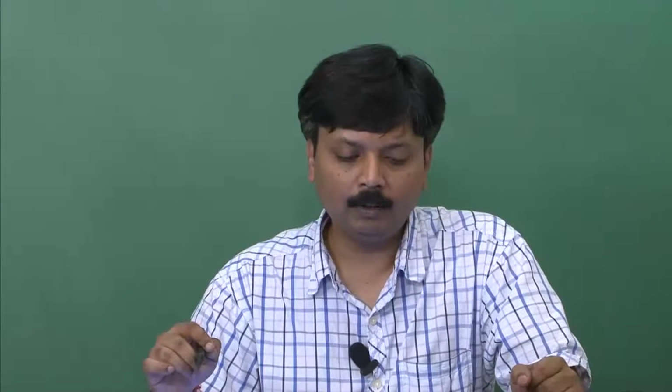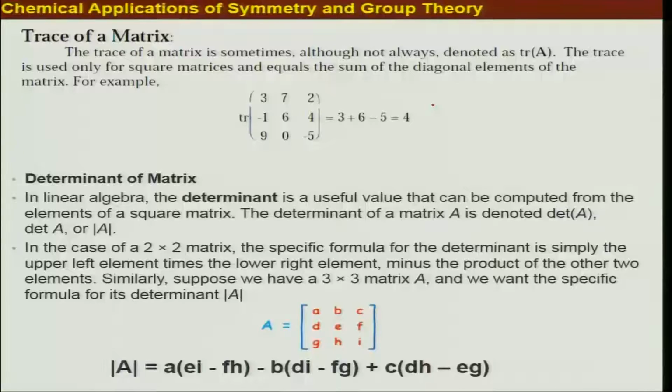So the trace of a matrix is the sum of the diagonal elements of the matrix. If I look at the matrix on your screen here, the sum of 3, 6 and minus 5 will give me the trace of the matrix.